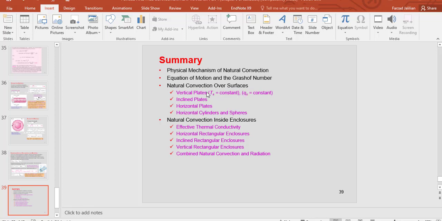Natural convection over surfaces we had for different geometries and orientations, and natural convection inside enclosures we also calculated for rectangular enclosures and also concentric cylinders and spheres. We also introduced how to find the rate of heat transfer when we have combined natural convection and radiation.